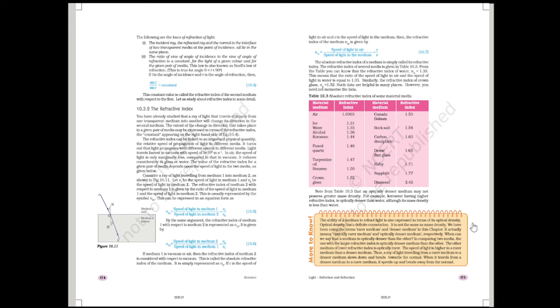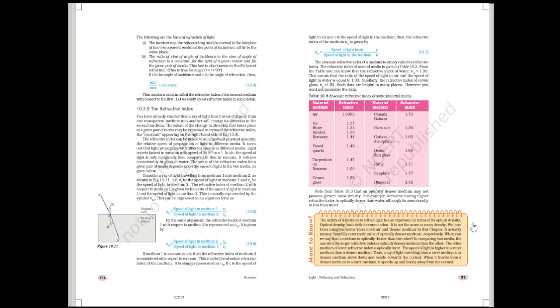It is given by n12 is equal to speed of light in medium 2 upon speed of light in medium 1, which is equal to v2 upon v1, right?